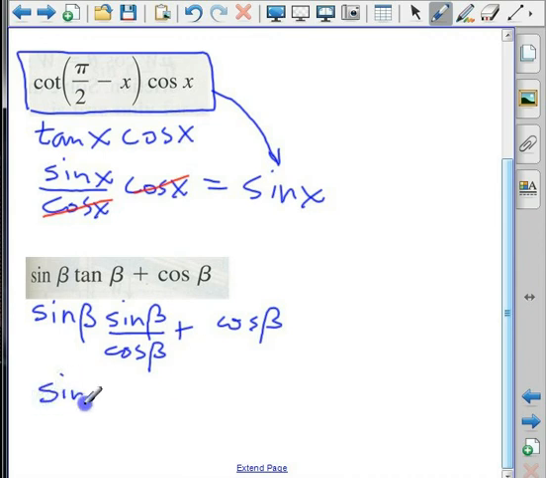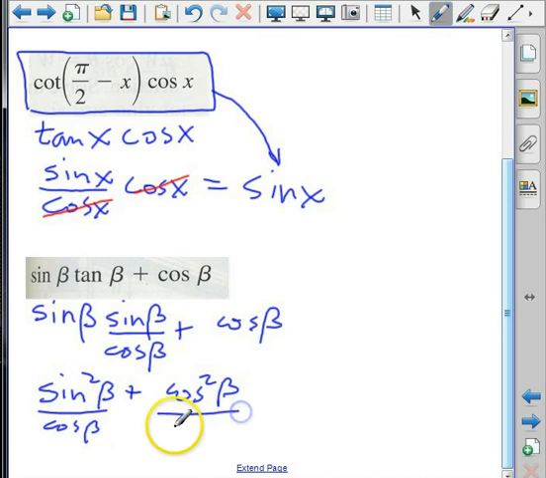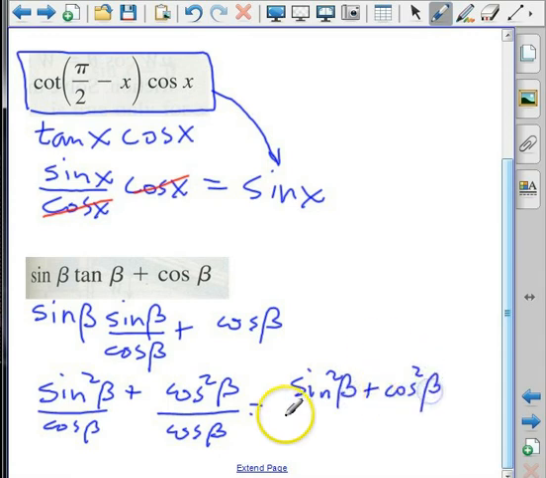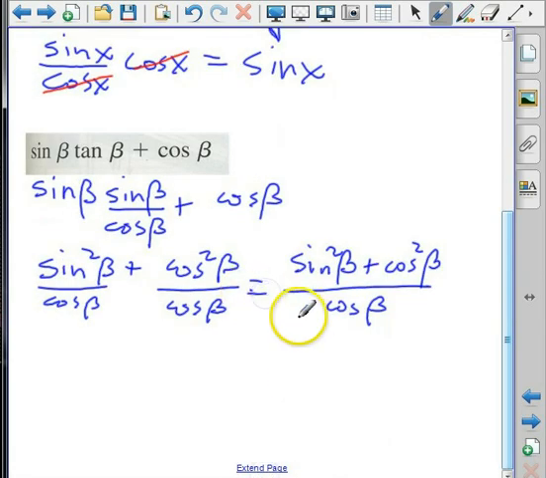I would get sine squared beta over cosine beta, plus cosine squared beta over cosine beta, and that gives us sine squared plus cosine squared all over cosine. And sine squared plus cosine squared should sound familiar. That's just 1. So I end up with 1 over cosine beta, which is the reciprocal of secant beta.